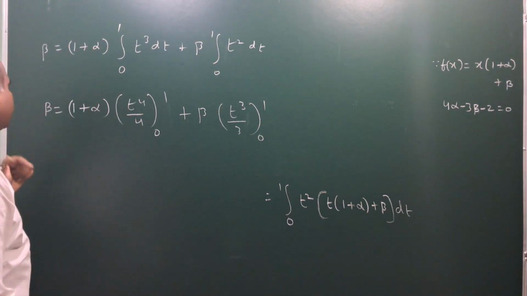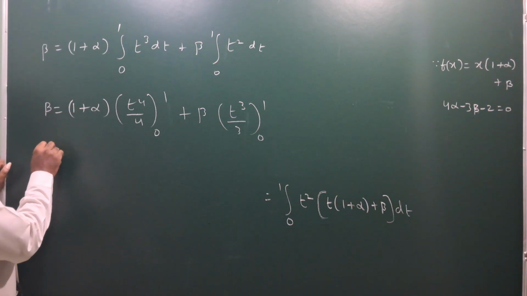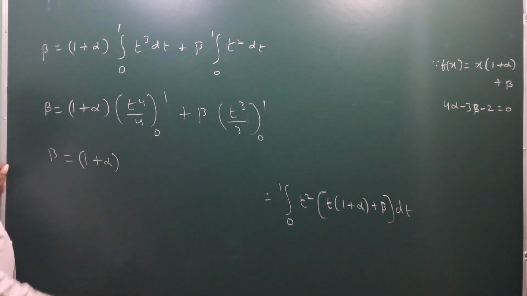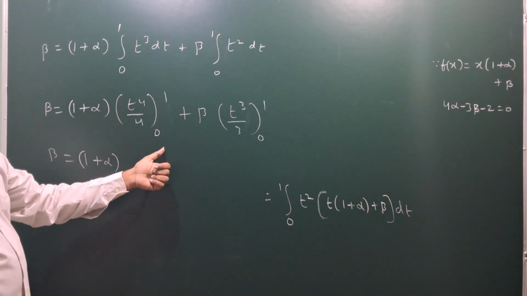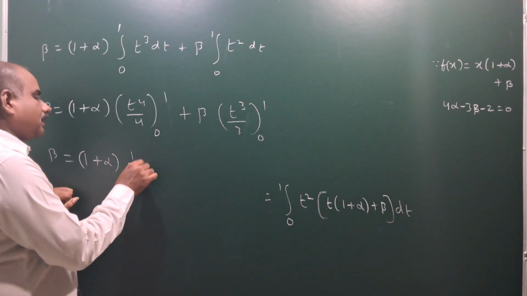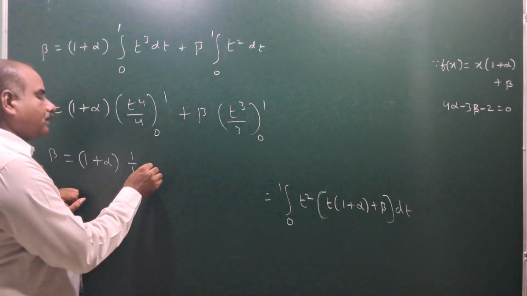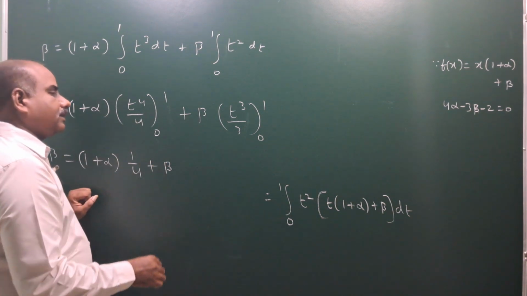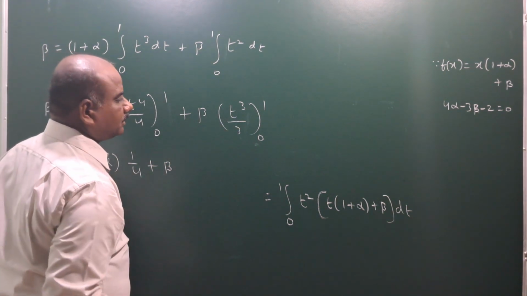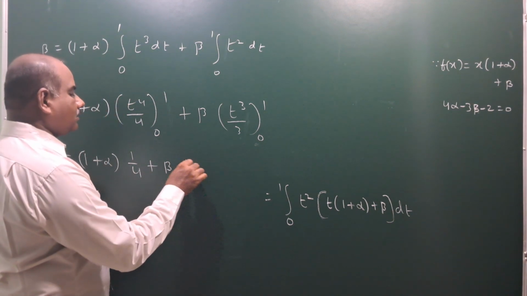Now substitute the limits. Beta is equal to 1 plus alpha into upper limit minus lower limit: 1 power 4, that means 1 by 4, minus lower limit 0, plus beta into upper limit 1 cube by 3 minus lower limit 0 cube by 3. So finally it is equal to 1 by 3.